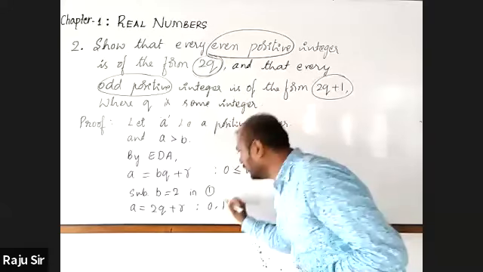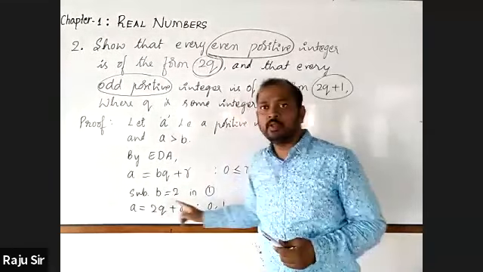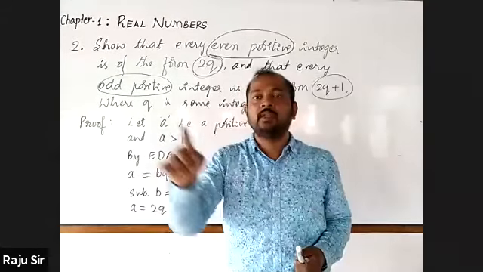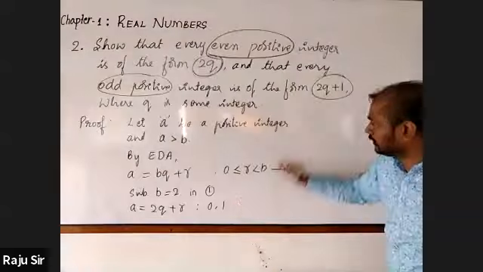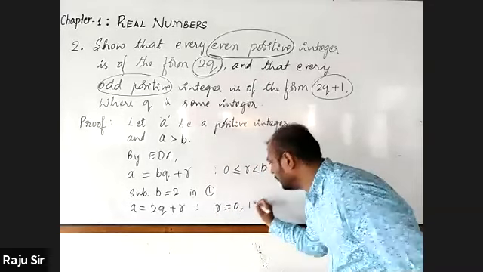Very good, 0 or 1. If the number is divided by 2, the possible remainders will be 0 and 1. If it is divided by 3, the possible remainders will be 0, 1, 2. Here R is equal to 0 and 1.